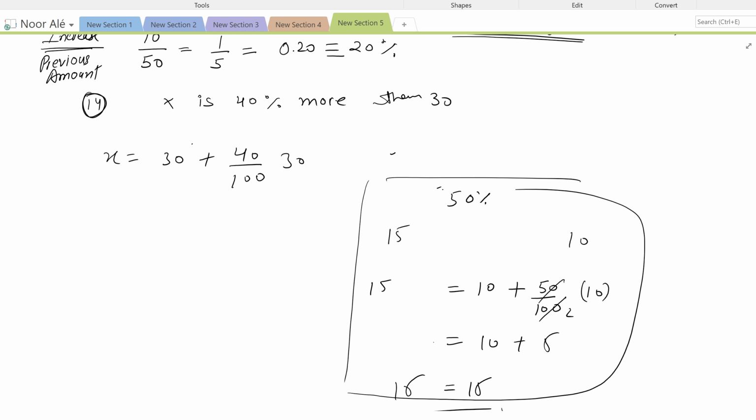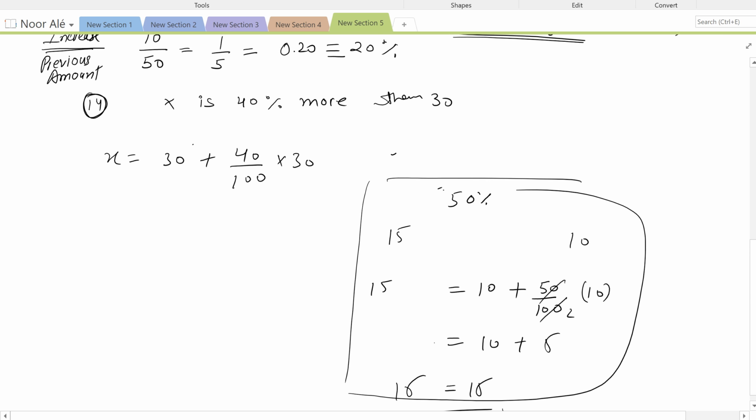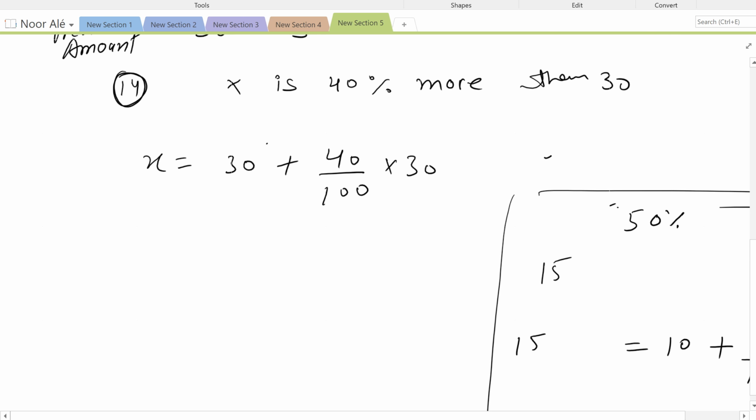You can write multiplication signs if you want, times 30. X is 40% more than 30. That means x equals 30 plus 40% of 30, because x is bigger than 30. How much bigger is it? 40%. So we do 30 plus 40% of 30 equals that.